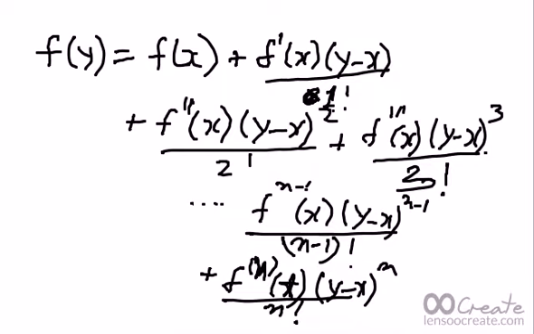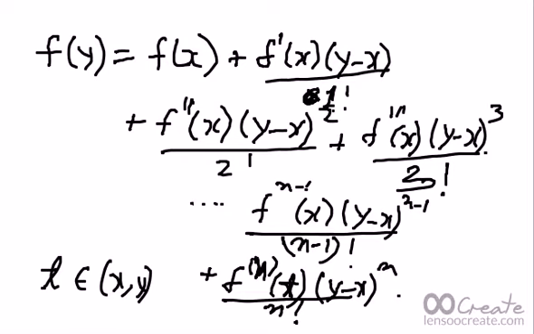So this is it, nothing more. What is this f^(n)? We know it is the nth derivative of f. And t is some value that belongs to (x, y).